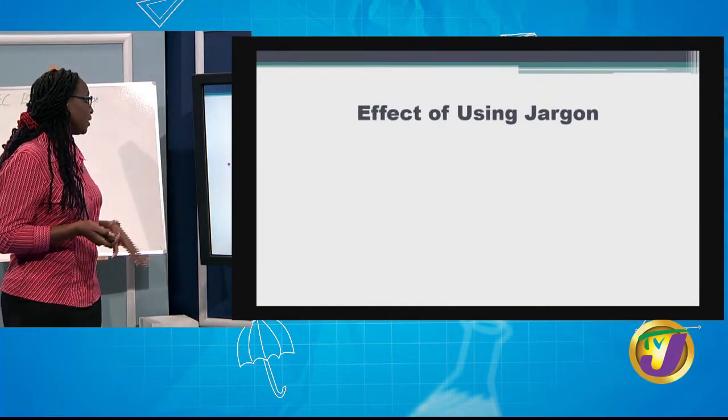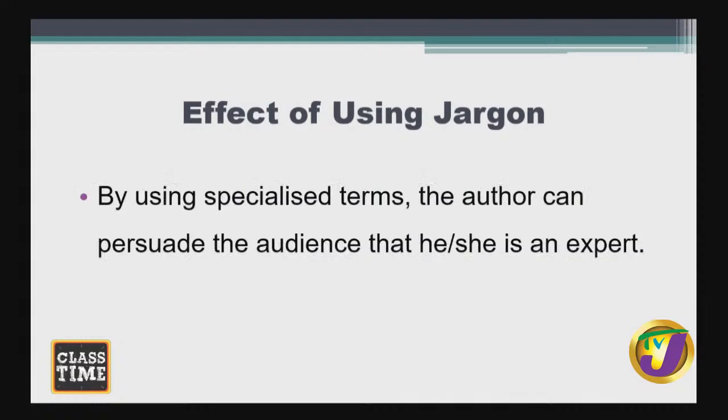So the effect. The main thing that should have come to your mind when you thought about it is that it is going to persuade your audience by making them think that you know what you're talking about. When you use these specialized terms, you sound as if you are part of this group. You sound as if you actually know what you're talking about.